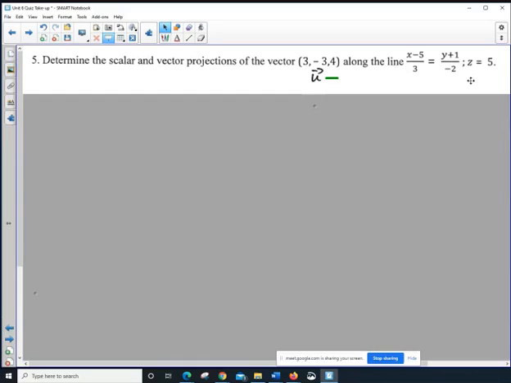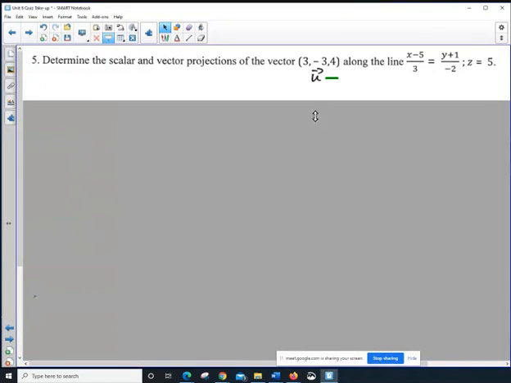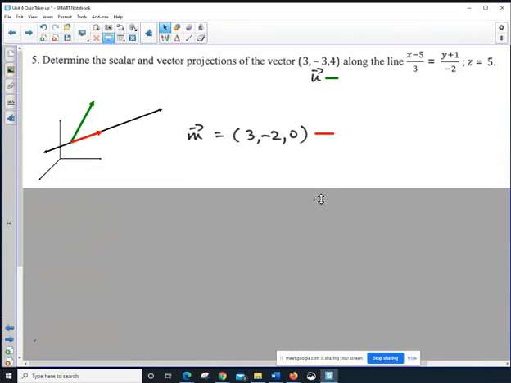So not the given point, because we can't be projecting onto a line, but similarly, we have here a direction vector. I made up a little diagram here: if this is my line, I'm going to use my direction vector representing the direction of the line, okay?